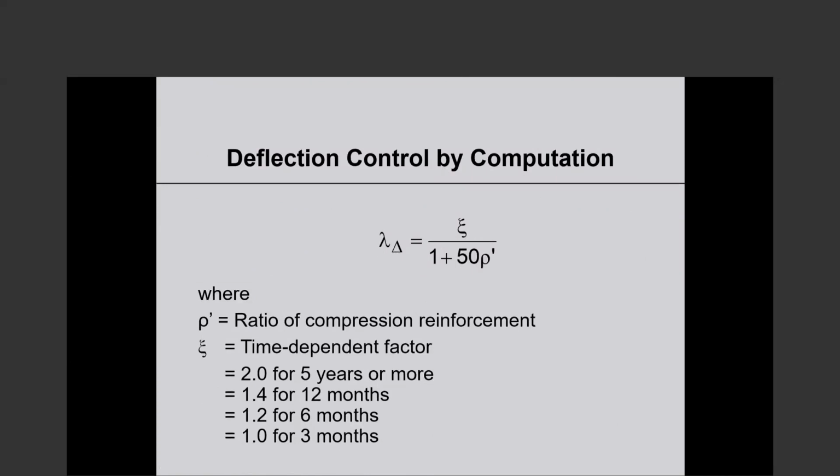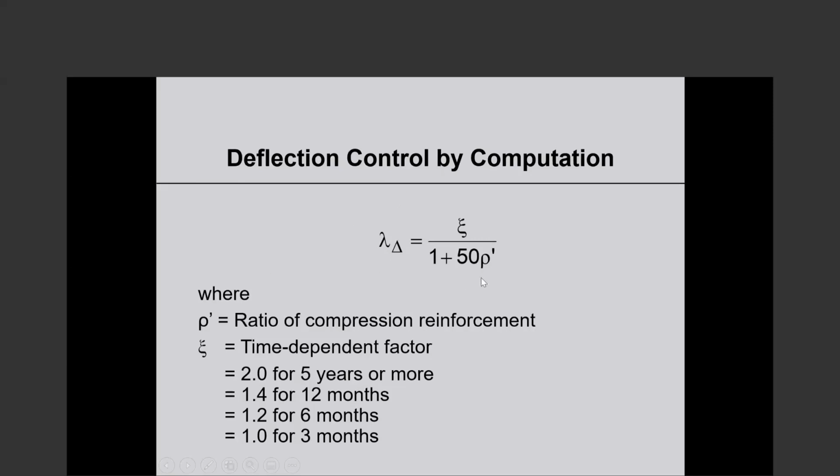Okay, so I will repeat. There is short-term deflection, there is a time-dependent increase in the short-term deflection, and the two together, the immediate deflection and the increase due to creep and other factors, give us the total deflection. The time-dependent increase is estimated by applying this multiplier to the short-term deflection.